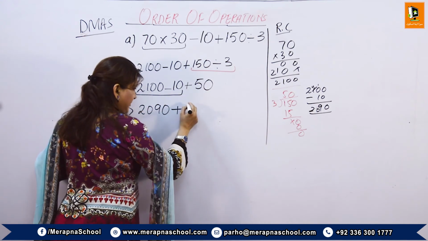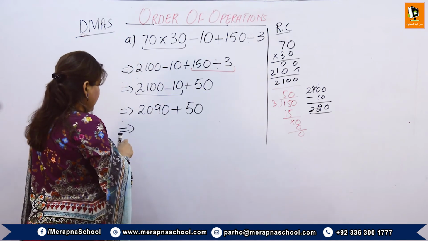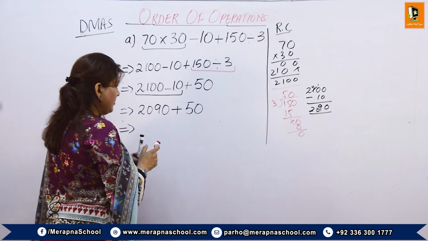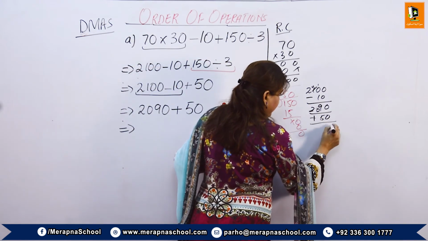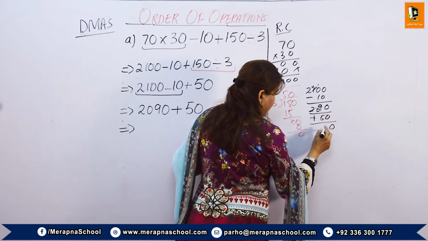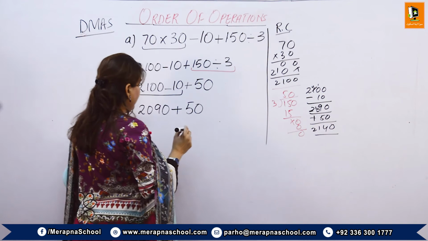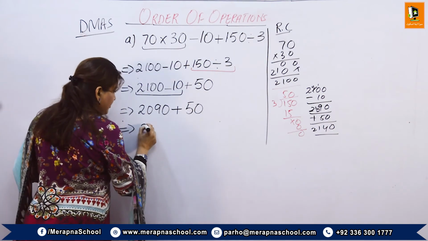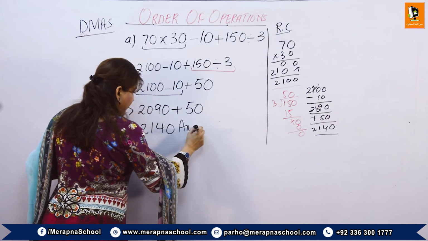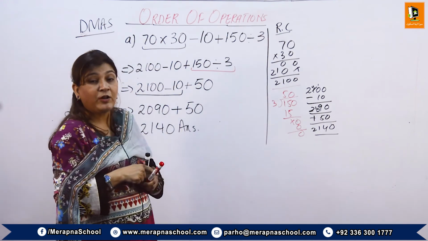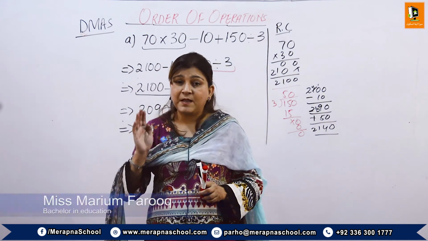So, plus 50. 2090 plus 50, we will do it. Our answer is 2140.